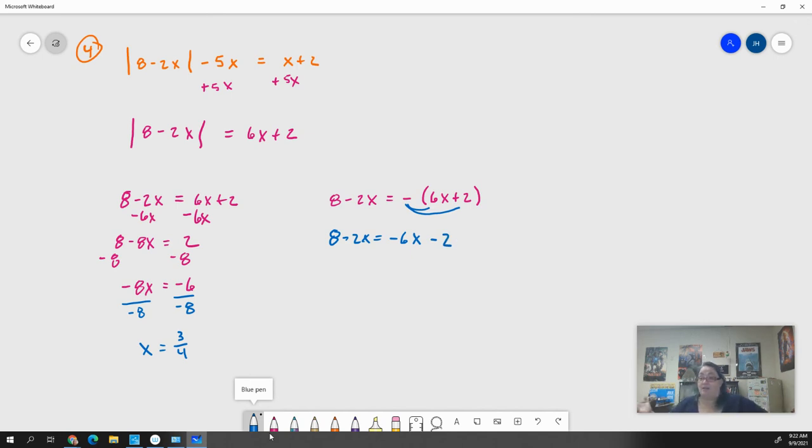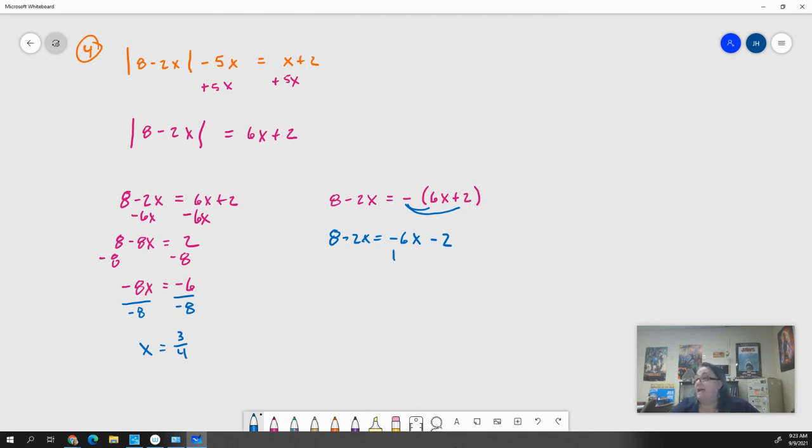Now everything's going to work like a regular equation, but I have to first distribute that negative through to each part, right? Because it's not just minus 6x, it's minus 6x and minus 2. That negative has to distribute. So always, when you have a couple of things there, put it in parentheses for the negative side and distribute it through. So now we can do everything just like we did the other side, right?